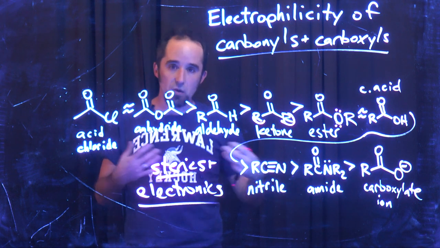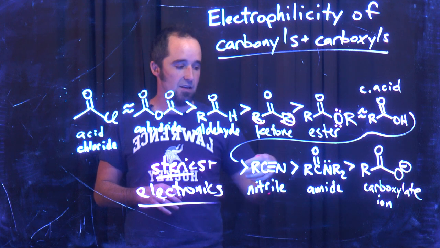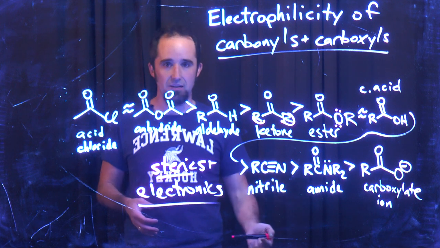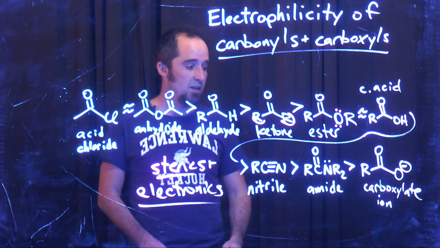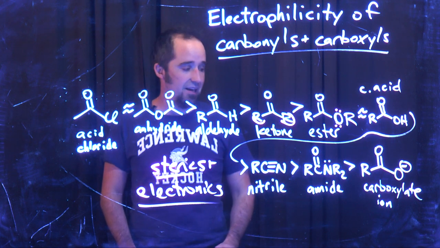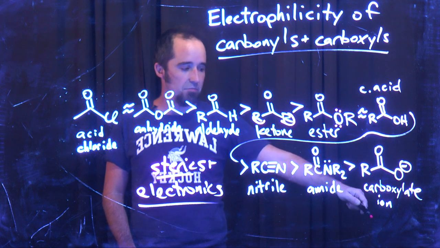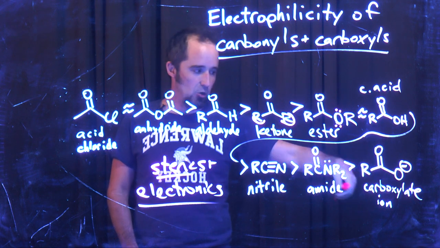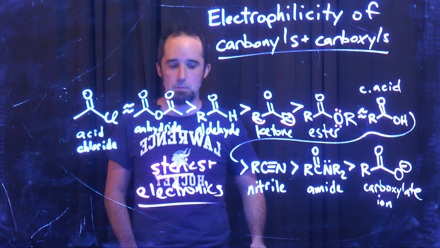So amides are really, we mentioned that to, for instance, hydrolyze an amide, you need to have boiling acid or boiling base, right? Because amides are really stable. And finally, carboxylate ions. If I've got an O minus, it's going to be really hard for me to get something else minus in there, right? So electronics more or less prevents this from being a good electrophile.